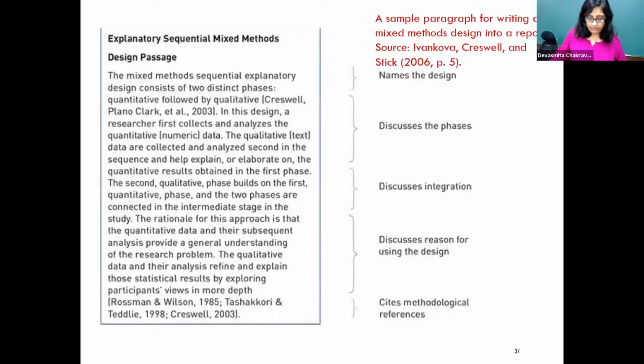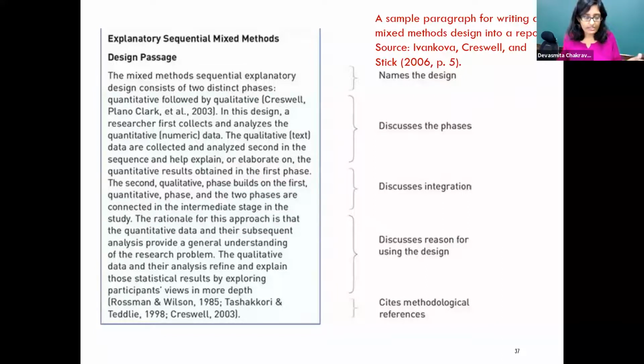One thing before we move on is I wanted to give you an example. You understand the 3 designs, but the concept is not very clear in terms of how you should write it. Don't worry about it. This is the template of a sample paragraph for writing a mixed methods design into a report.